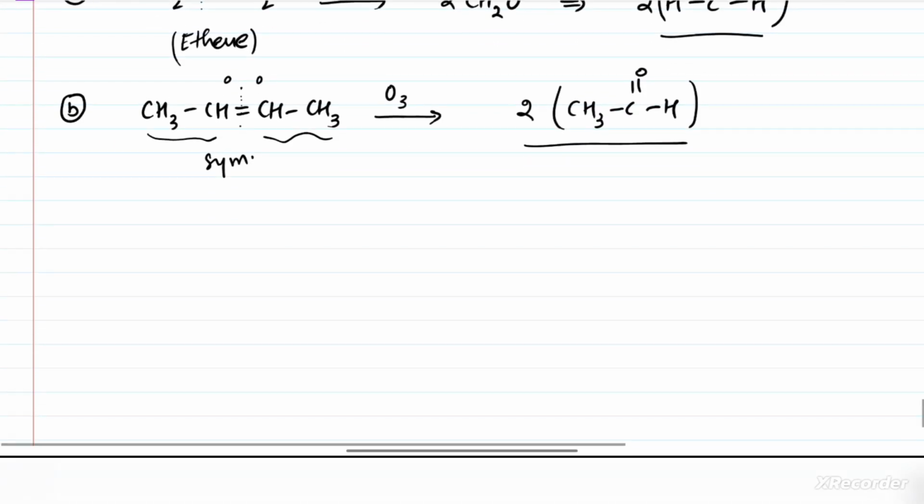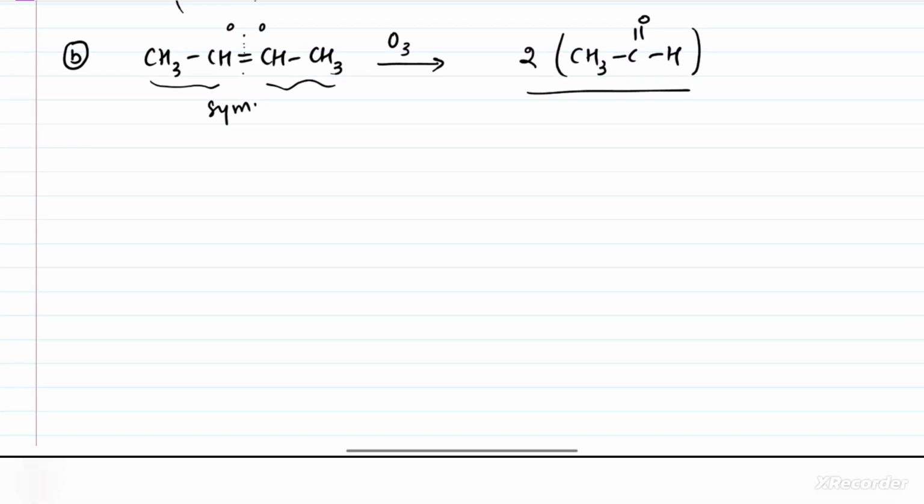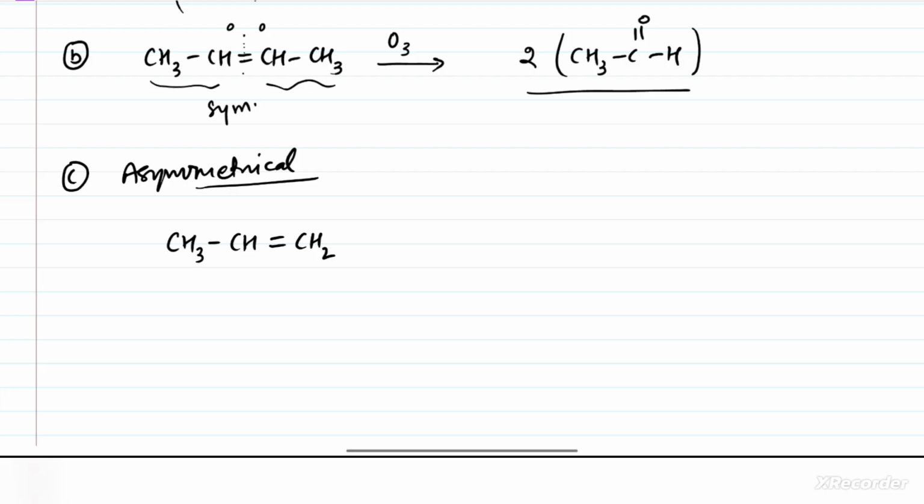Now I will take an asymmetrical alkene, and then we will get two different products. Asymmetrical means the alkene which has a different arrangement along the C double bond C. Again, the trick is the same.